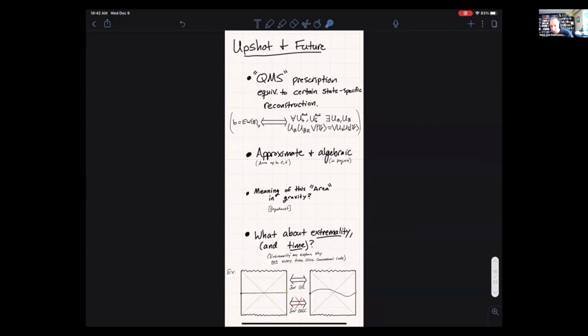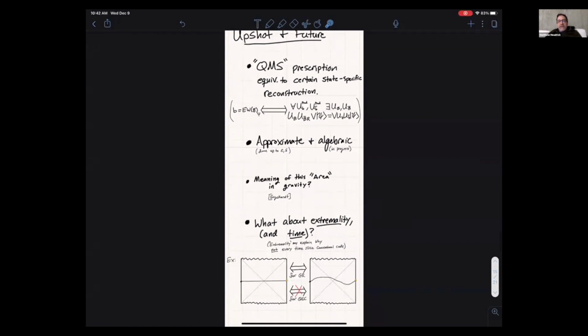So go ahead, Matt. Hi, I just wanted to make a comment about that very last point. I'm not sure how relevant this comment is, but of course there won't in general exist any time slice that works for all choices of boundary regions, even on a given boundary time slice. Yeah. So is that a feature or a bug?